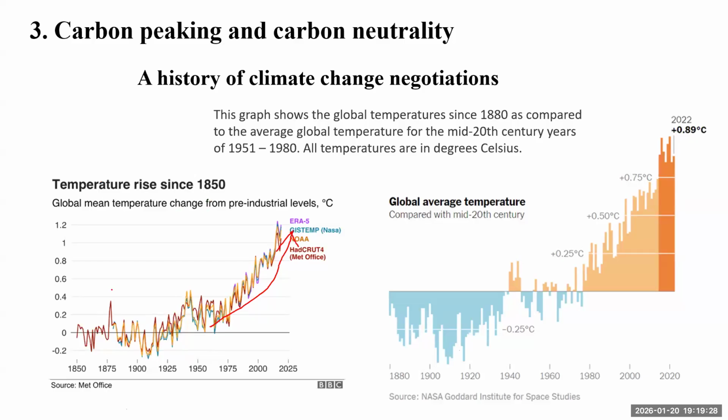It's a change from pre-industrial levels with a sharp increase, especially in the past, I think since 1970, with the fast development, urbanization, and industrialization in the 1970s. So we can see here is a critical point.